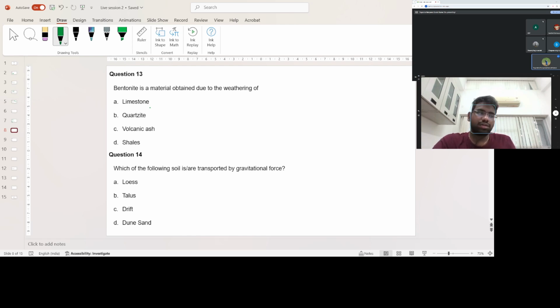Any guesses or any answers? Maybe limestone or shale.